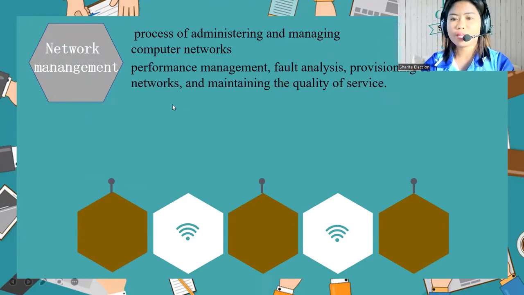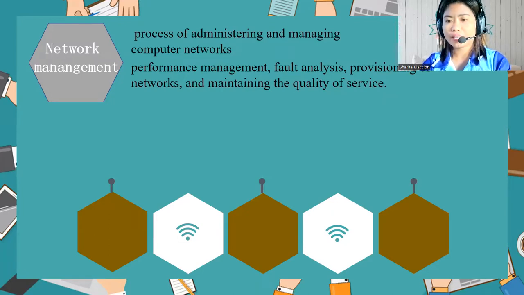So it includes performance management, how your connections and networks are performing, the analysis of every error or fault, then provisioning of networks and maintaining the quality of the service of the network. This is the work of network management.